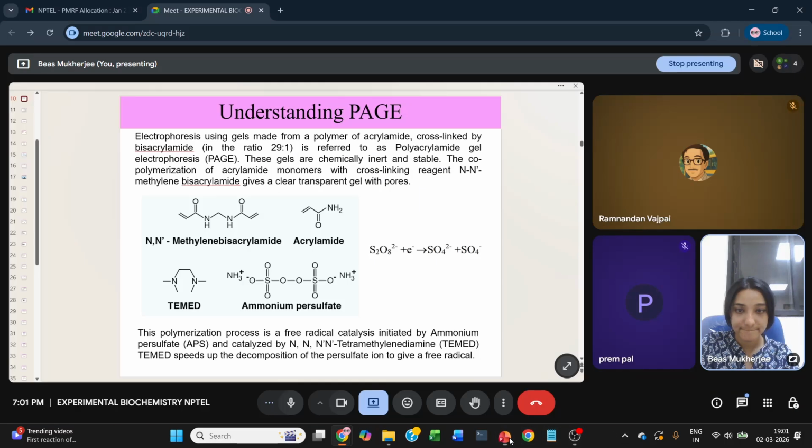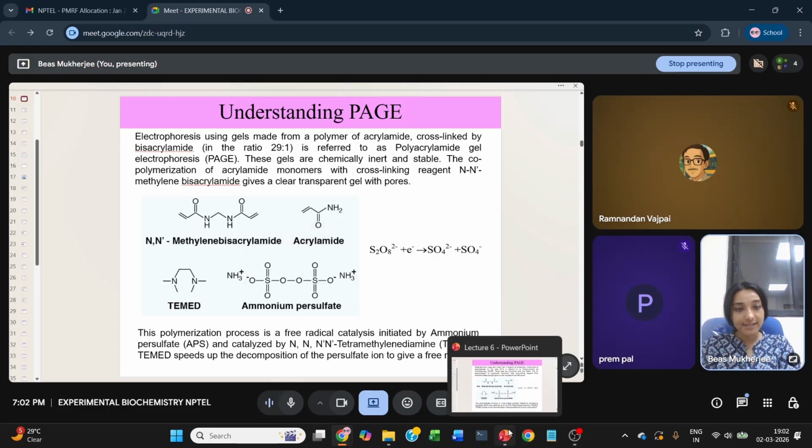Yeah. So as we can see here, this APS is helping it. Achha. So TEMED is speeding up the decomposition of APS to give a free radical. So the exact role of APS, I will go through it once and I'll check, and then I'll confirm in the next class what the answer of this particular question should be.